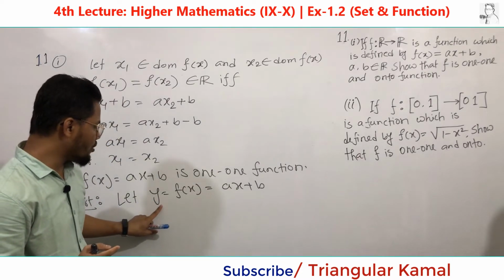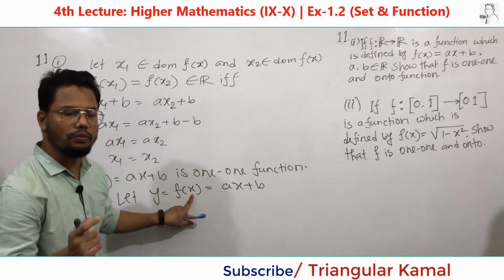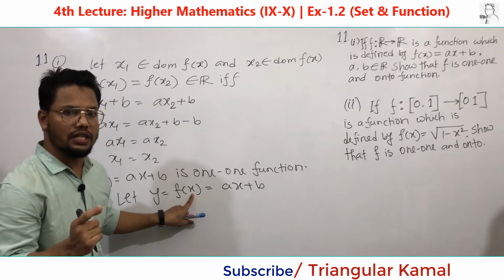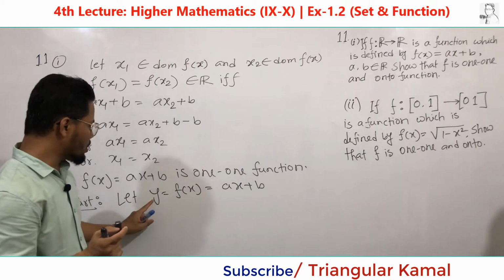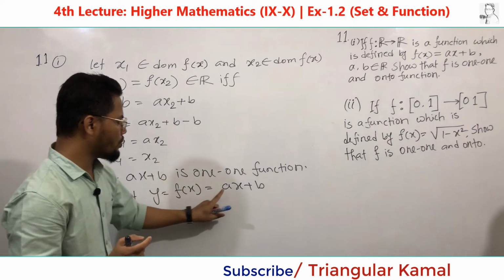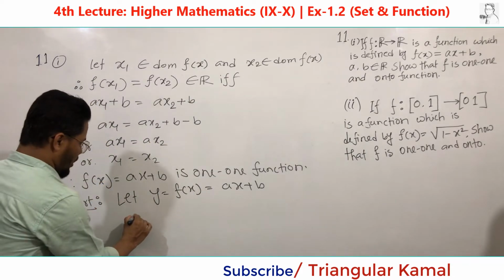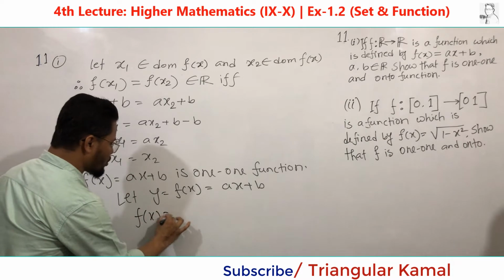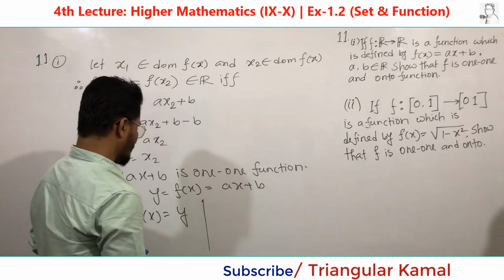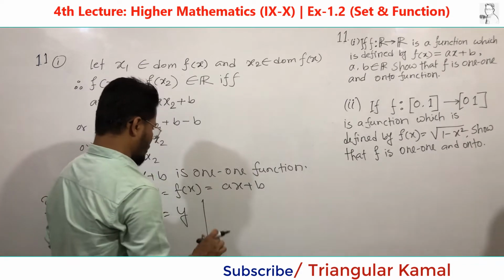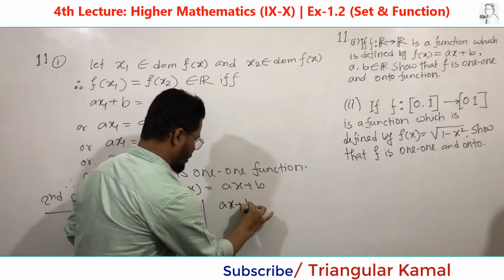That means y is called the range and x is called the domain. So y is dependent and x is independent. So now just considering here y equal f of x equal ax plus b. So here we can write f of x equal y as a first condition, and from here we will apply ax plus b equal y.